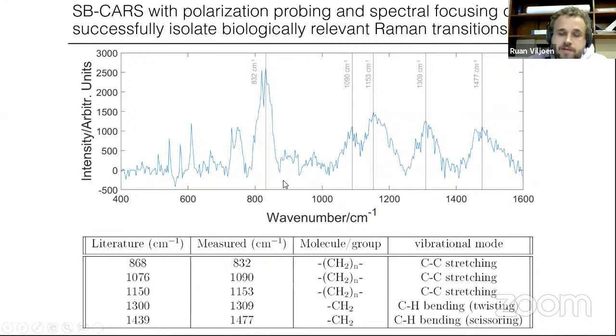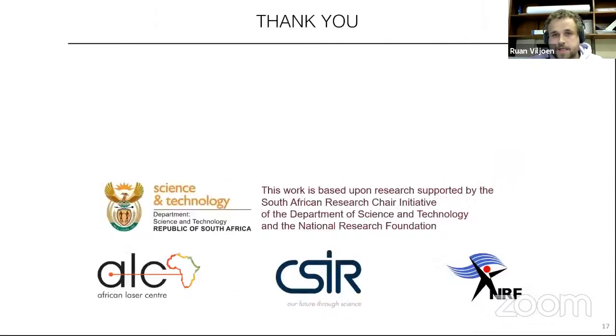So in doing so, we've confirmed that with our single beam CARS method, we should be able to isolate a vibrational mode, and in doing so, image particular biological samples. And with that, I say thank you.